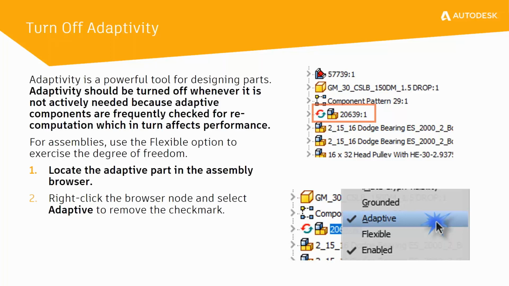You can find components that have adaptivity turned on by the little circular arrow beside the icon of components and subassemblies in our design. You can right-click those and turn off the adaptive nature individually, which turns off adaptivity for that individual component or subassembly.